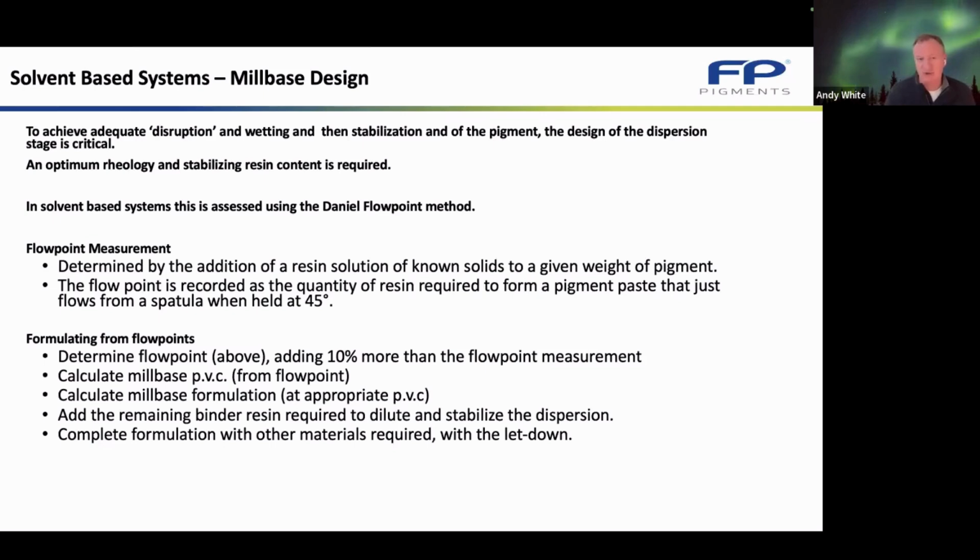I won't go into the detail of what this is. You can look up the method even on Wikipedia, I believe. But I would advise everybody who isn't doing this to do this if you have any problems with titanium dioxide dispersion or stability. This is the back to basics on how to make titanium dioxide disperse and stable in solvent-based systems.